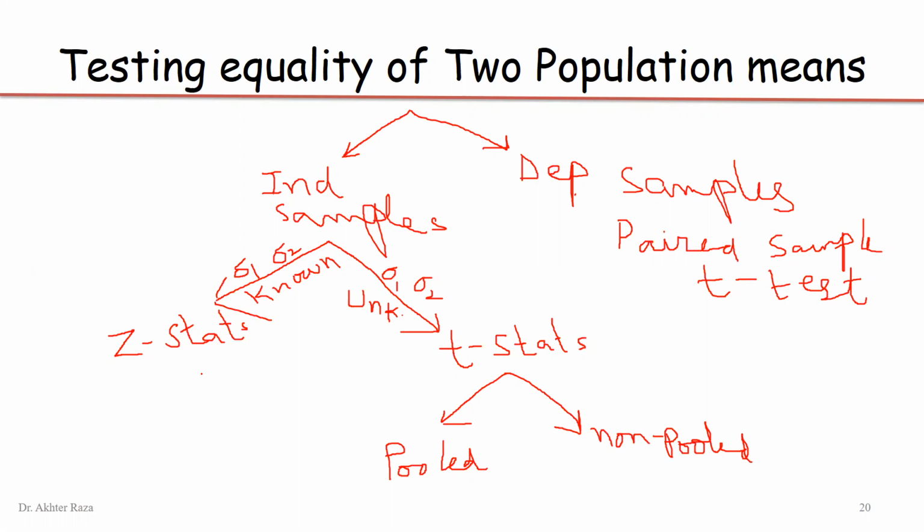In the procedure booklet, this is procedure T3, this is T4, this is T5, and this is T6.